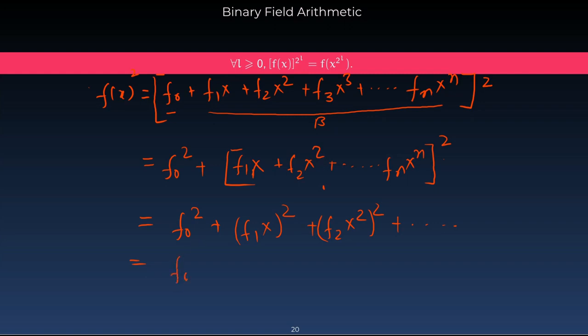So this is going to be f0, this is going to be f1 x square, this is going to be f2 x to the power 4, all the way up to fn x to the power 2n.